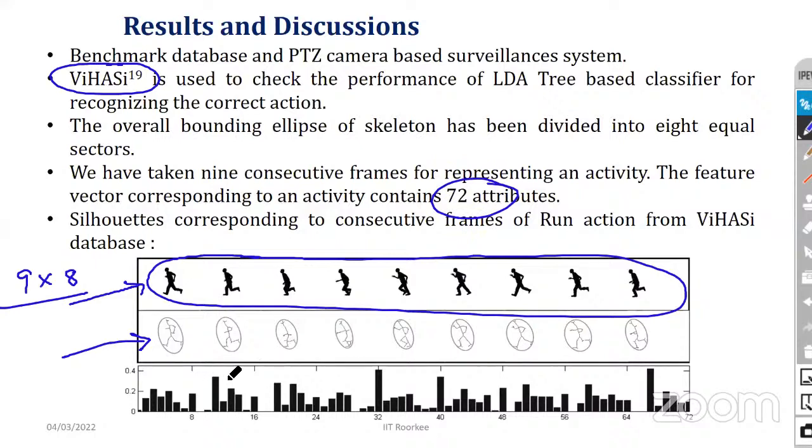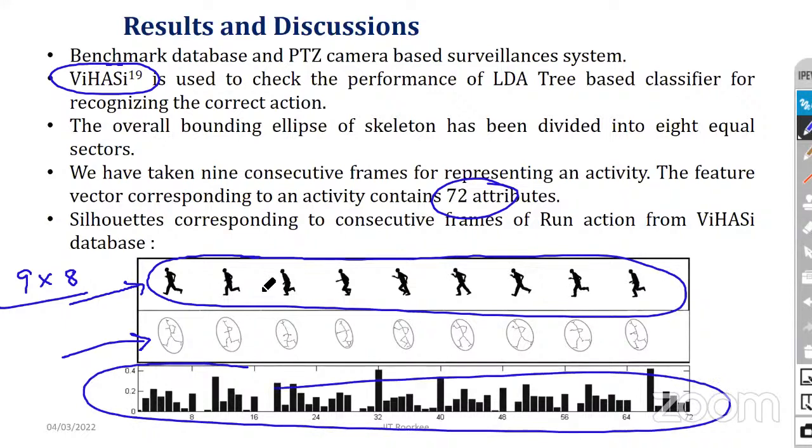So these 72 attributes I am plotting. Let us say we have already found F2J, something like that. F2J divided by sigma Fj for the second sector. So like this for each sector, each attribute, I am finding the number of pixels and I'm normalizing between 0 and 1. My feature vector for the running sequence will be like this.